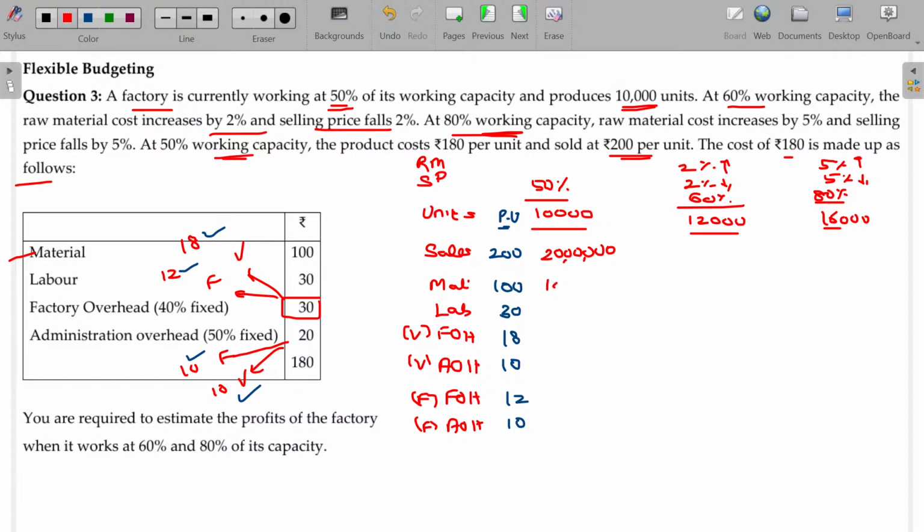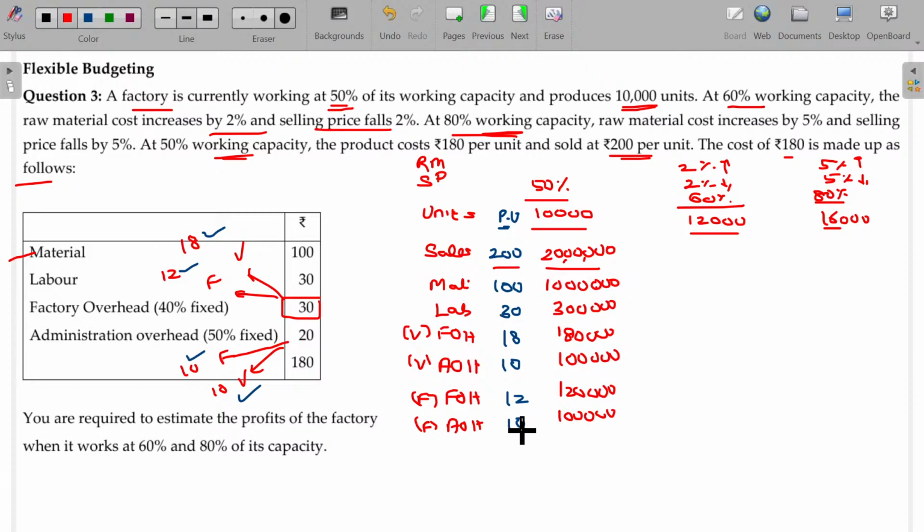Material being 10 lakhs and labor being 3 lakhs. Factory overhead being 1 lakh 80,000, variable in nature, admin overhead 1 lakh, variable in nature, and factory overhead fixed 1 lakh 20,000 rupees, and 10 into 10,000, 1 lakh.